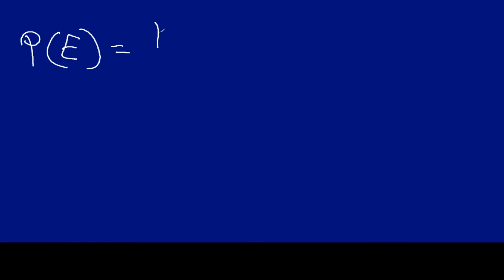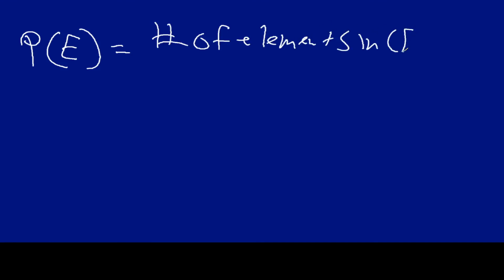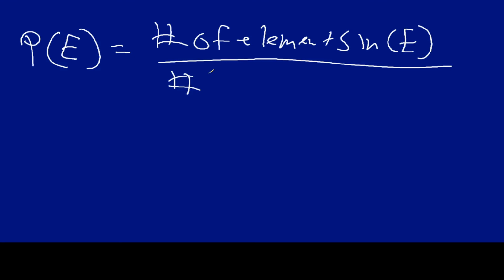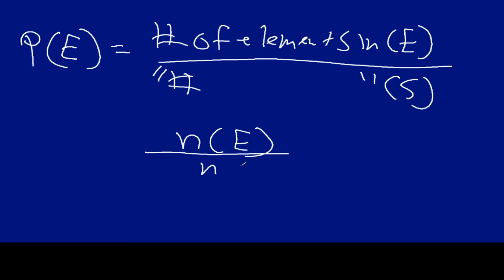It's going to be the number of elements in E, that's in our events right here, over the number of elements in S, or the sample space, if you will. And so that ends up being essentially the number of E over the number of S.